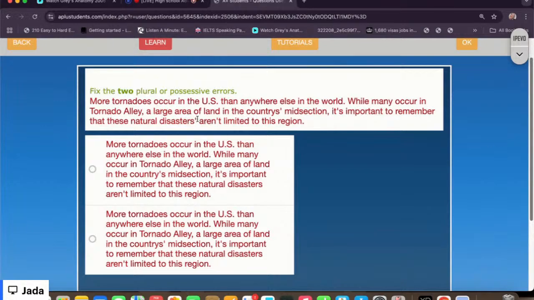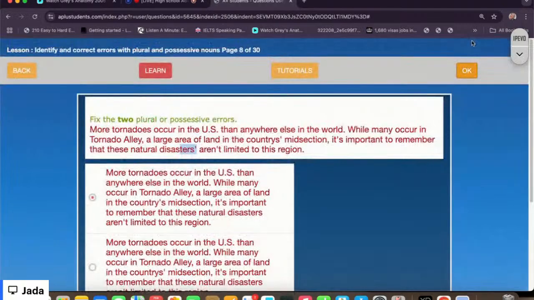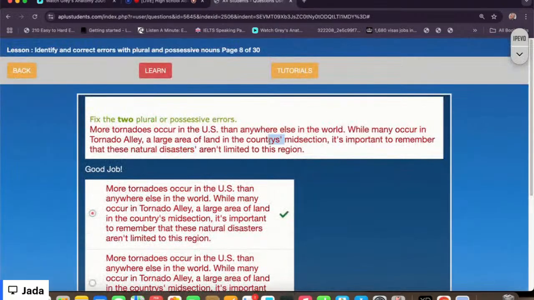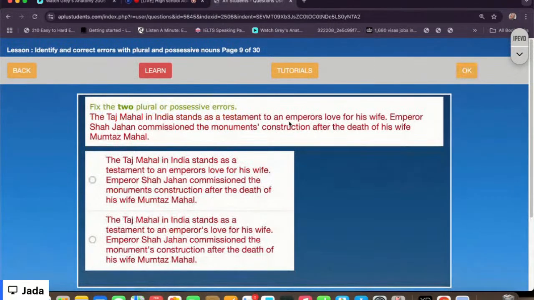So natural disaster over here is just a plural noun. And then what else? We have, so countries. You don't need to put the apostrophe after the S.